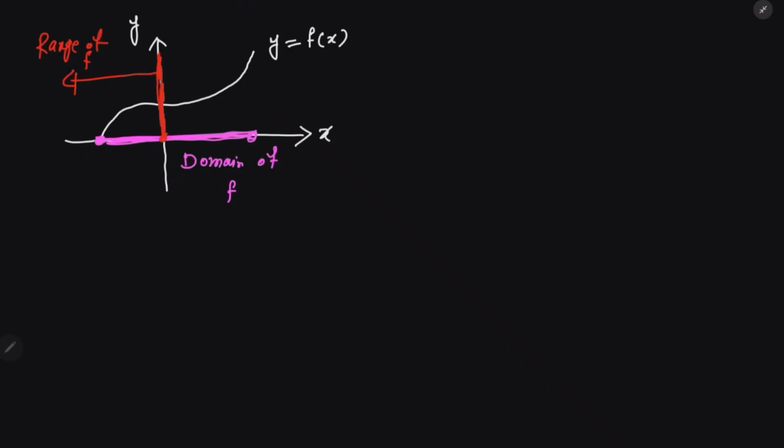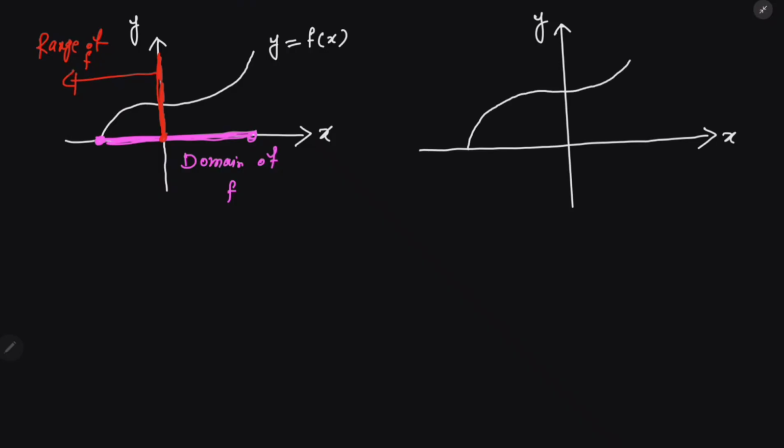Now, if we have an inverse function, what happens in the inverse function? We're talking about it from a graphical point of view. We have, for example, x over here, then we have y. Suppose we have a function that is not y is equal to f of x, but x is equal to f inverse y.